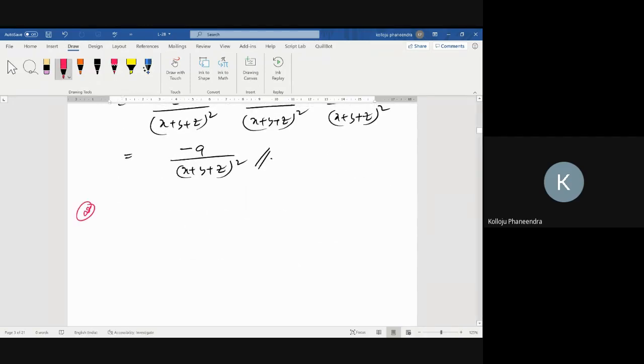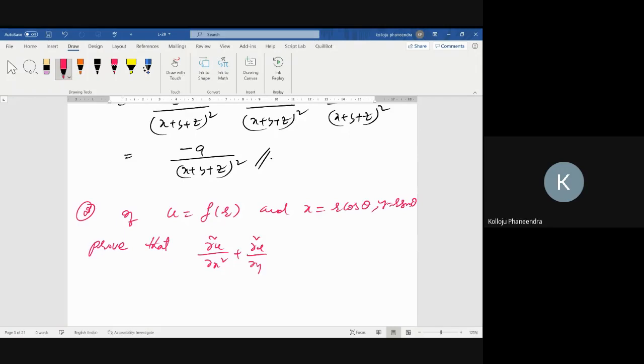If u is a function of r, if u = f(r) and x = r cos θ, y = r sin θ, polar coordinates, prove that ∂²u/∂x² + ∂²u/∂y² = f''(r) + (1/r) f'(r). Better, let me tell you, this is after change of variables. That's better, no? Okay, let me complete this.